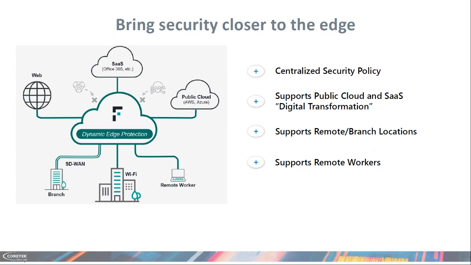Moving all of this closer to the edge really allows you to highlight threats quicker. You've got users that are reaching out through public internet, and being able to watch them no matter where they are, the traffic that they're going to, where they're going to, is a huge security feature. The SASE security model gives you a lot of flexibility, just based on the fact that it is cloud-based.